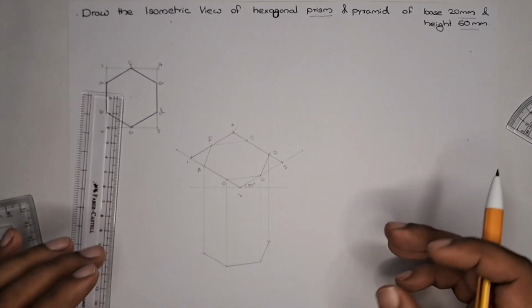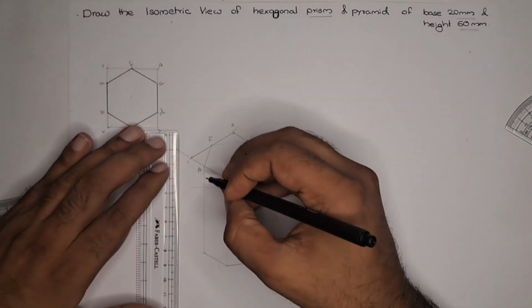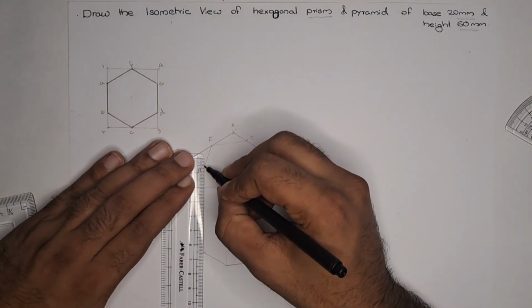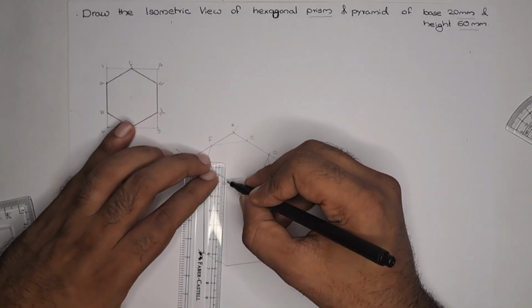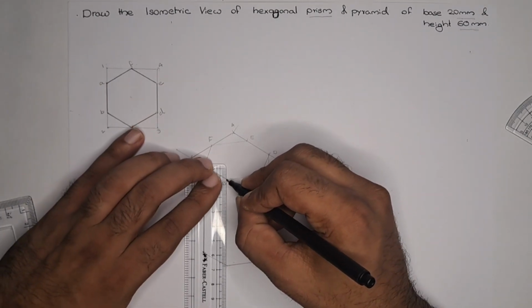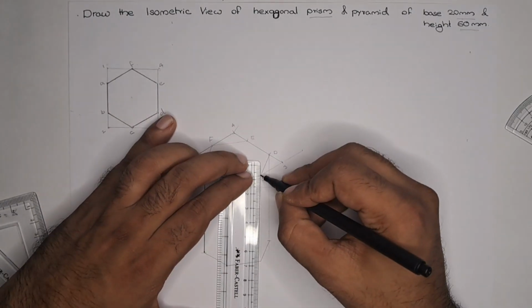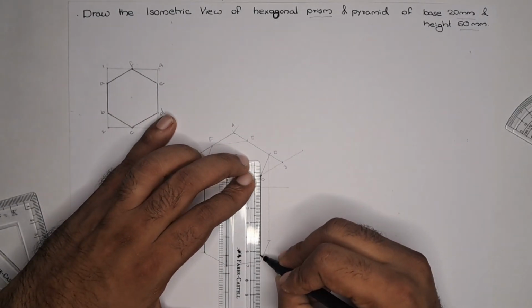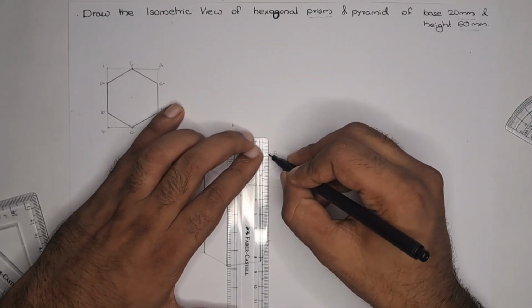This is the isometric view of the hexagonal prism. Now mark the visible edges. So this is the side edge AA, the next one BB, then CC, then last DD.